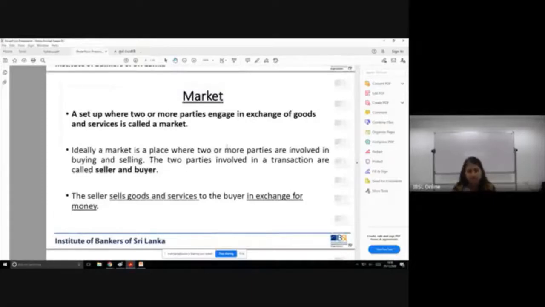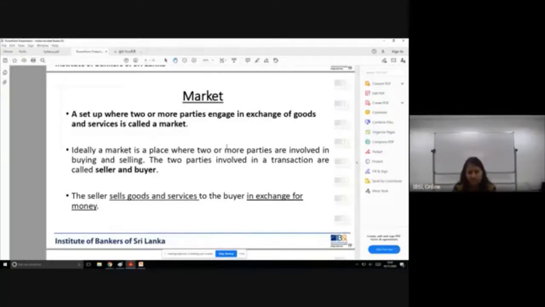A market is a setup, not a physical space, essentially any setup where two or more parties engage. There, one party sells and another party buys. There is an exchange that happens. The seller sells the goods to the buyer, the buyer gets the goods, and money moves from the buyer to the seller.